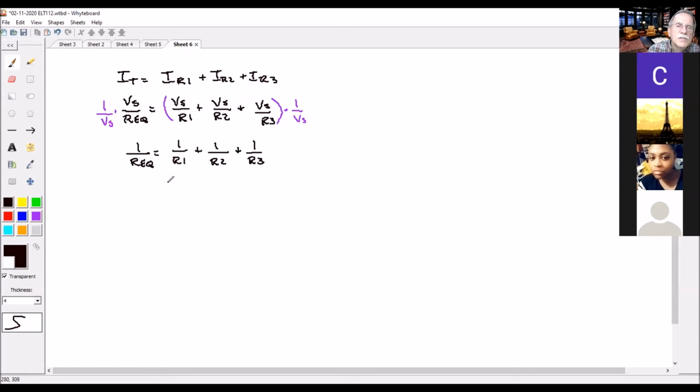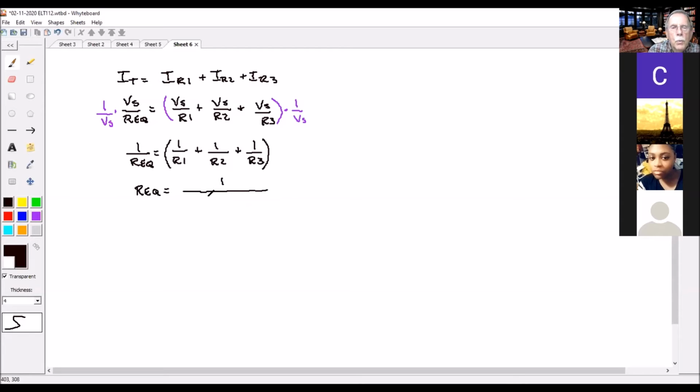If I take the reciprocal of both sides, so think about it this way. Put that in brackets. If I take the reciprocal of the left-hand side, I get REQ. If I take the reciprocal of the right-hand side, all of this goes into the denominator.